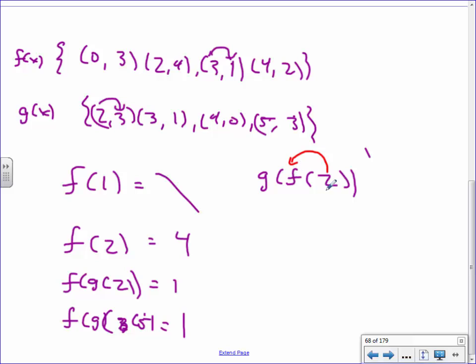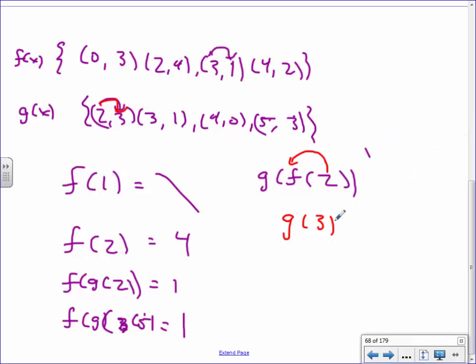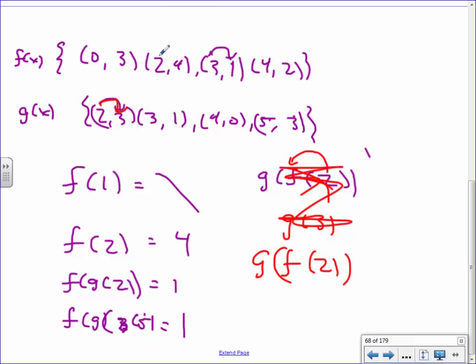I screwed up. Sorry, my bad. Ignore what I just said. I see what I did wrong. I did exactly what we were just doing. Start over. G of f of 2. Take 2, plug it into the f equation to give you 4, and then 4 gives you 0, so this is 0.